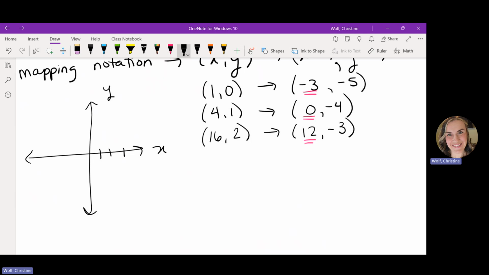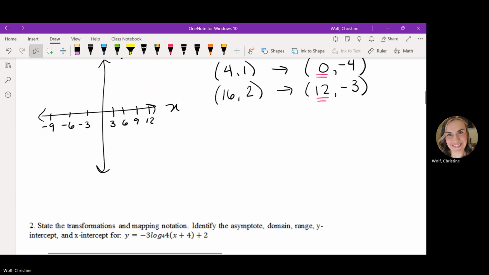So 3, 6, 9, 12. And then over here, I just got to go to -3. You can fill in extra values if you want. Your graph is your call. And then for my y's, I'm only negative. -1, -2, -3, -4, -5 is the lowest I have to go. Jumping by 1. All righty.